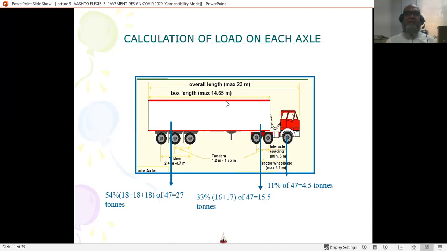So the 47 ton is divided on this vehicle such that this portion will carry 4.5 ton, this will carry 15.5 ton, and the rest will be carried by this 3-axle, or what we call a tridem axle.